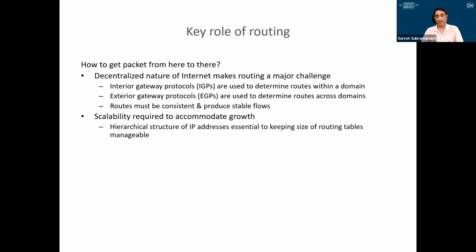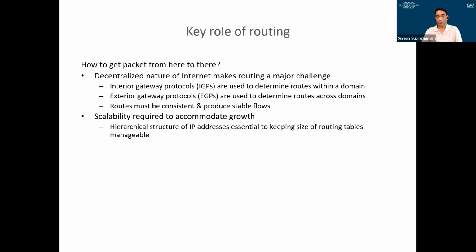A thinks that the best way is through B, and B thinks that the best route to C is through A. This is going to cause a ping-ponging effect, which means the packet is going to just go back and forth between A and B. This is not desirable, right? So how do we get out of such things? That's one of the challenges of routing.